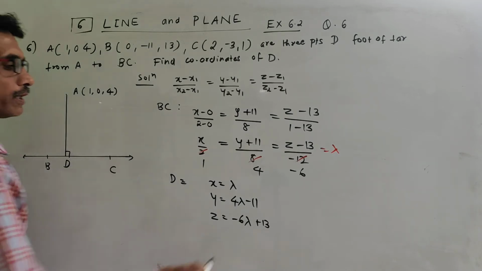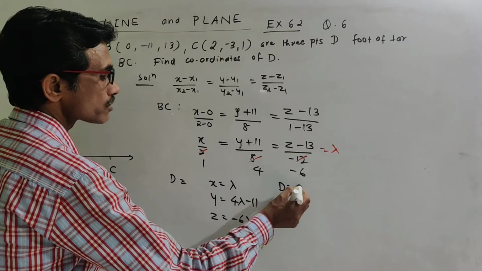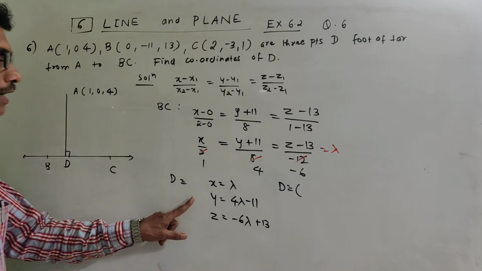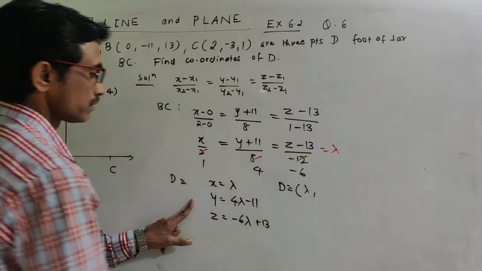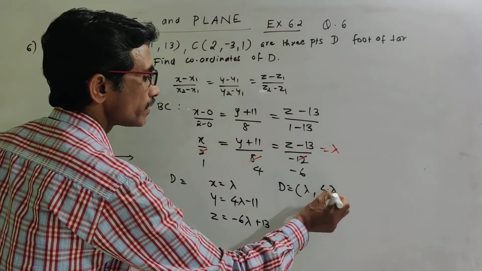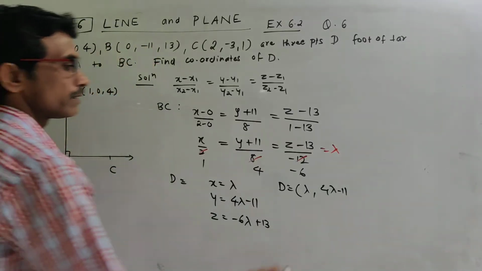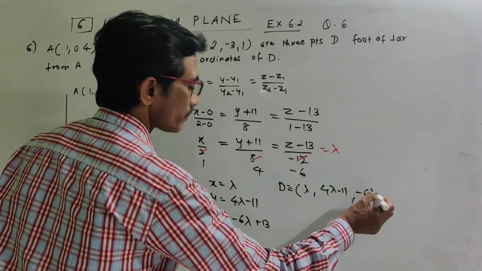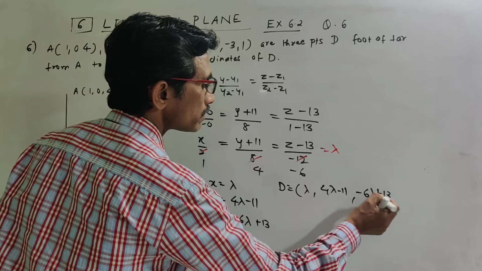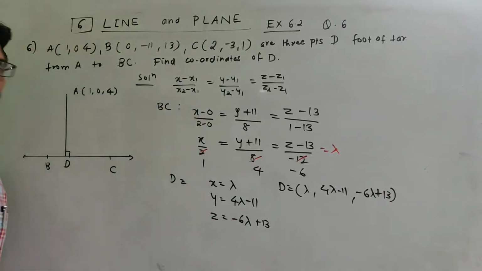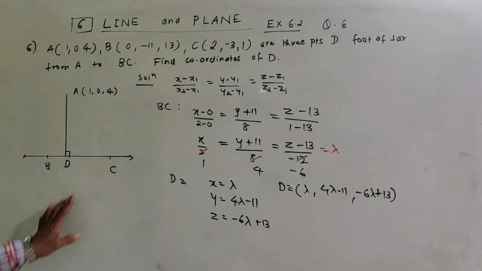So the coordinates of D are lambda, 4 lambda minus 11, and minus 6 lambda plus 13.